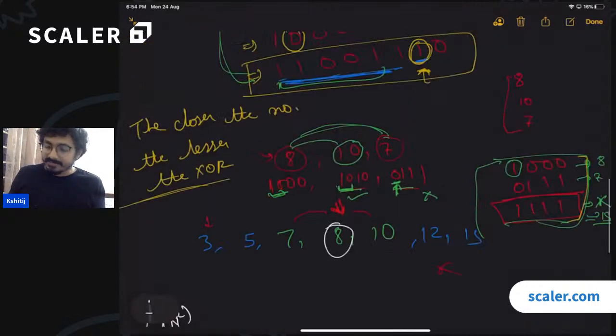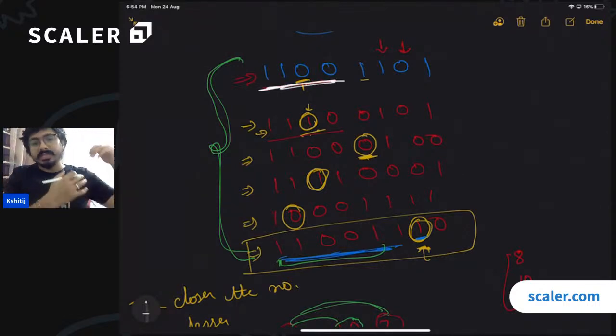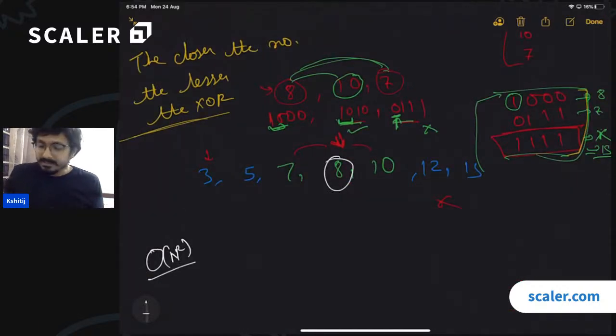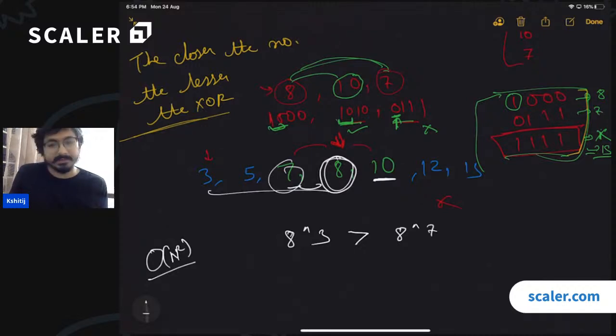Why? Because we have seen that if the number of bits are similar on the left side, I want to find the number which has got a different bit as far right as possible. I can say by intuition that the closest numbers are going to give me that. So 8 XOR 3 will always be greater than 8 XOR 7, because 7 is closer than 3.